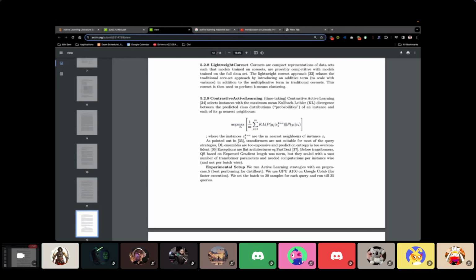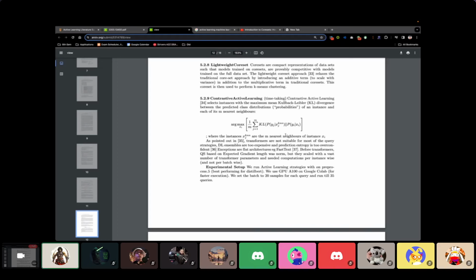Contrastive learning compares each distribution, for example the softmax vector, with those of its m nearest neighbors. If you plot each of the points in a higher dimensional space, the distance between them can be given as the Euclidean distance.